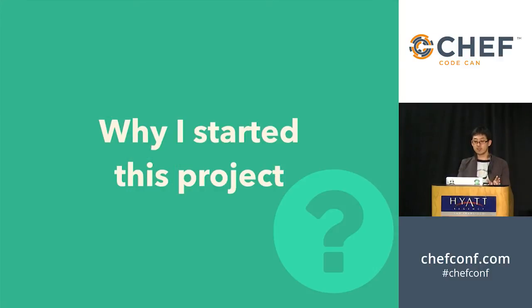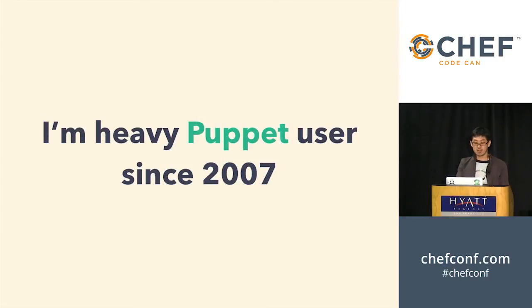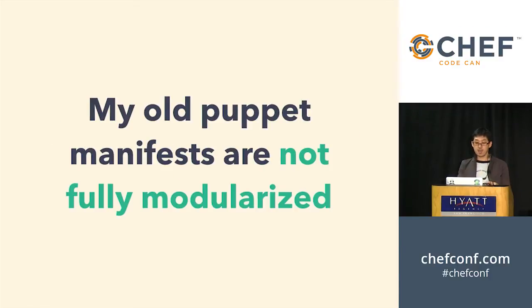Next, I'll talk about the reason why I started to make Serverspec. I said at the start of my talk, I'm a heavy Puppet user. And my old Puppet manifests are not fully modularized, so they became legacy code.